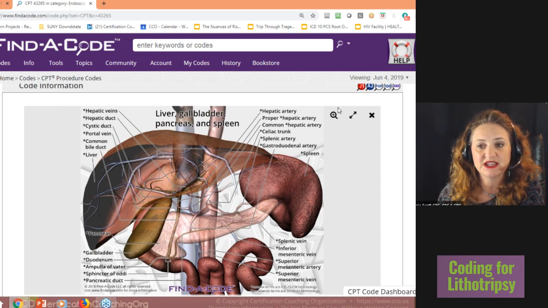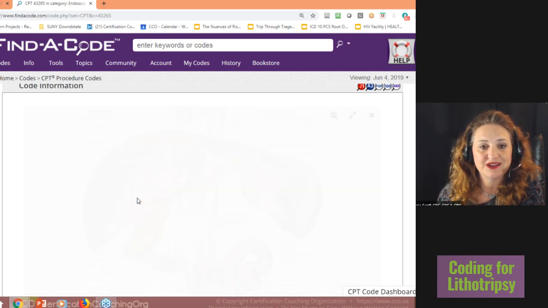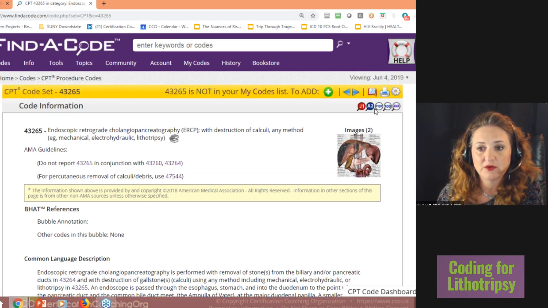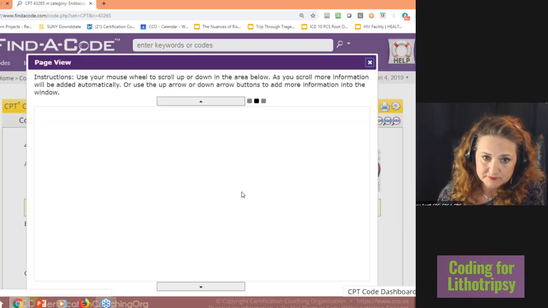But what they're saying is, whenever you're going to do it for the pancreatic or a gallbladder, and it doesn't matter how you do it, and lithotripsy's in there, you're going to use this code. Now let's look at the code range for that though. What are our options?